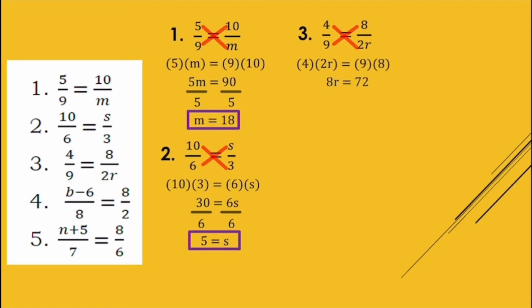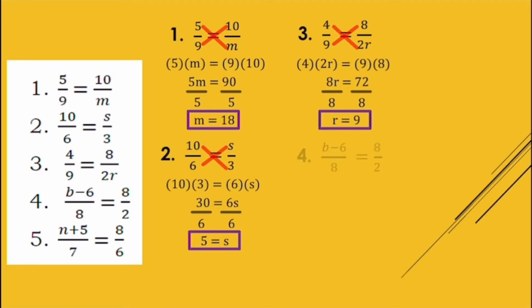Again, let's divide both sides by 8. So 8r divided by 8 is 1r or r, and 72 divided by 8 is equal to 9. So therefore, the answer in number 3 is r is equal to 9.